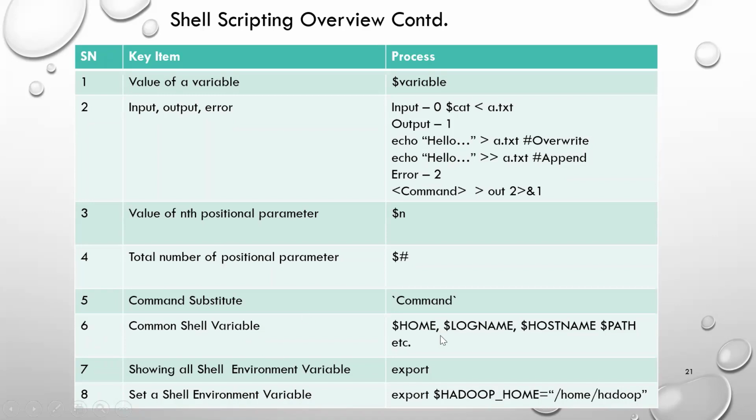By default, there are many common variables set up by Linux. HOME, for example, gives your home like home Hadoop. LOGNAME will be the username, HOSTNAME will be the host name of the machine that is running, and your whole PATH: whenever you run a command, it will traverse the directories to see if the command is part of this directory or that directory.